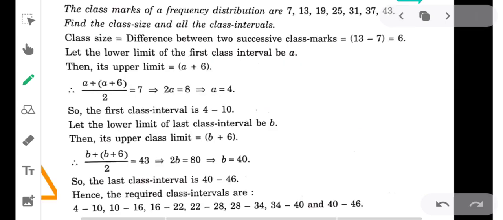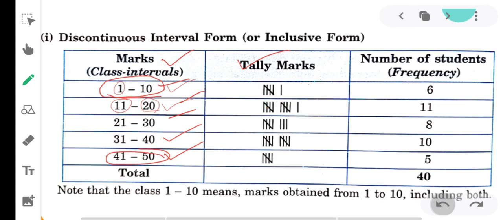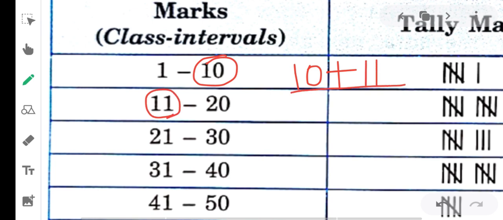For example, for this class, the true upper limit will be the upper limit of this class, that means 10, plus the lower limit of the subsequent class, that is 11. 10 plus 11 divided by 2, that is 10.5.